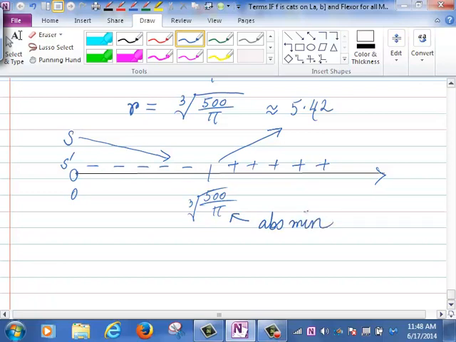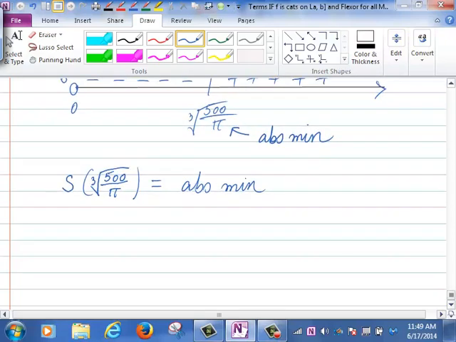Okay, so then we know that the surface area S evaluated at this number, the cube root of 500 divided by pi, is the absolute minimum.